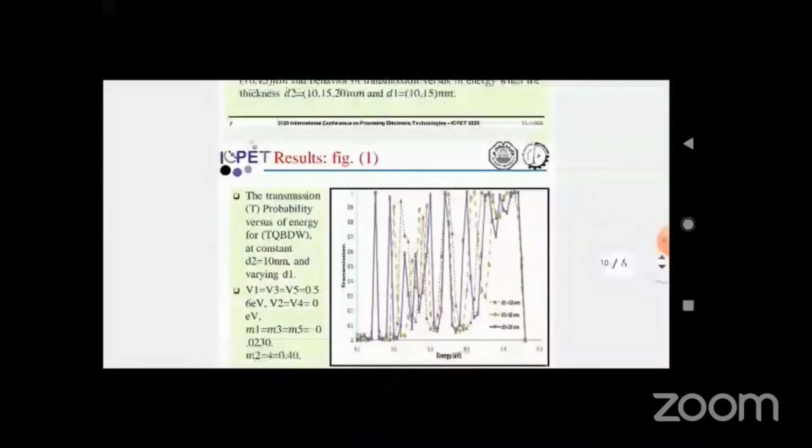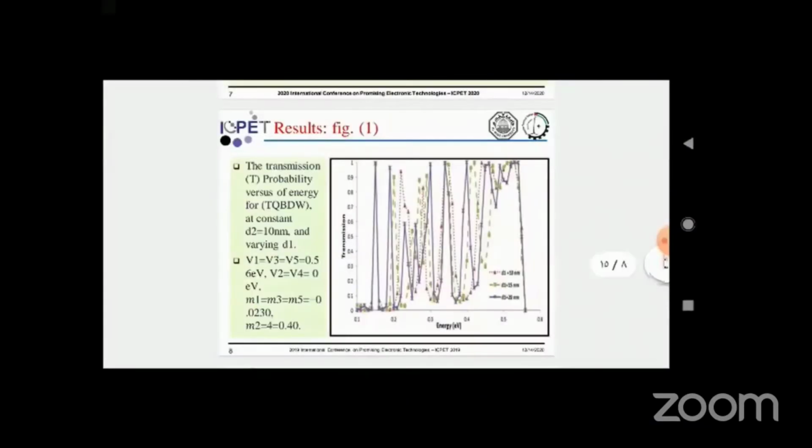So, in the results, figure 1, the transmission probability T varies with energy for a triple quantum barrier, double well, at constant D2 equal 10 nanometer and varying D1.